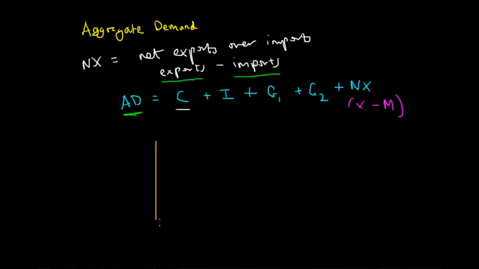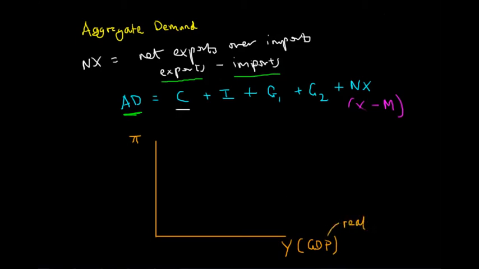Instead of having the price as the y-axis, we have inflation denoted by pi, the Greek letter pi, and instead of the quantity demanded as the x-axis, we have Y, or total output, or GDP. And GDP is measured in real terms.